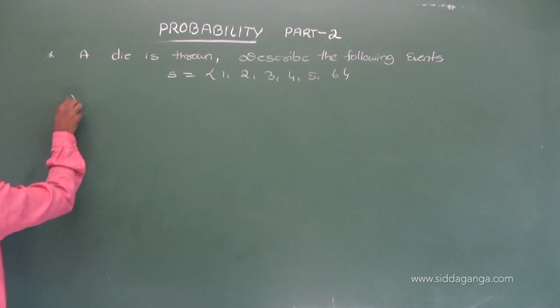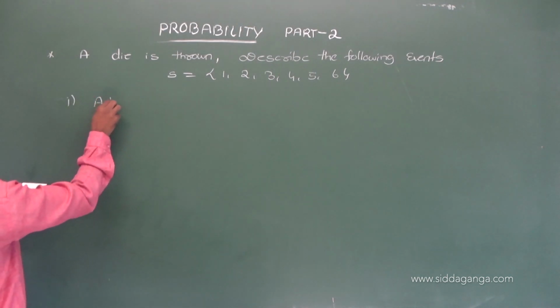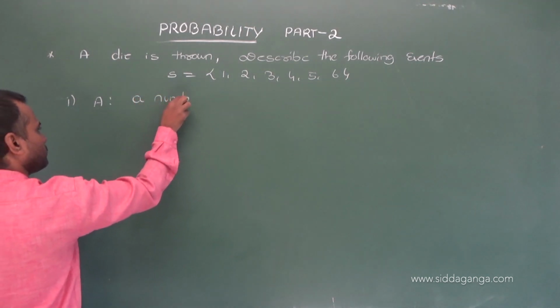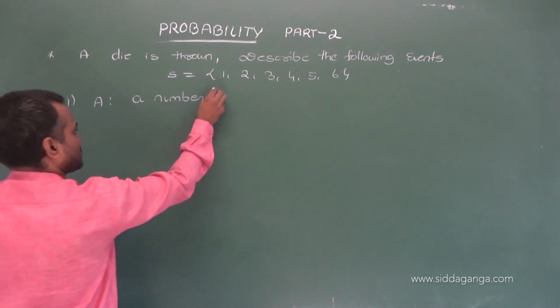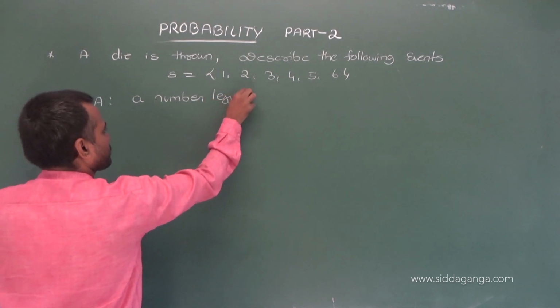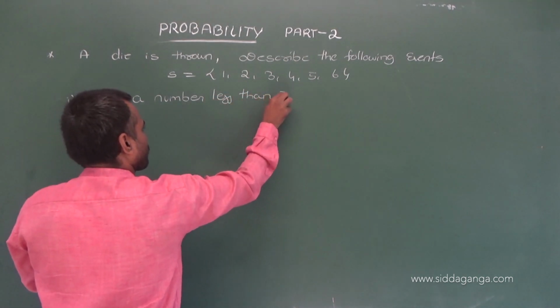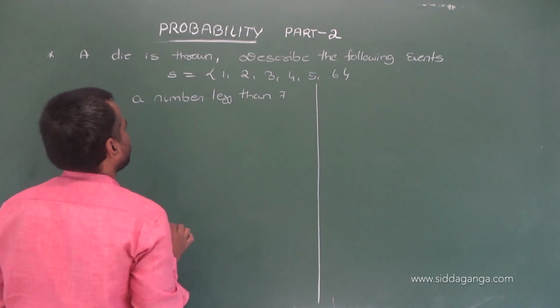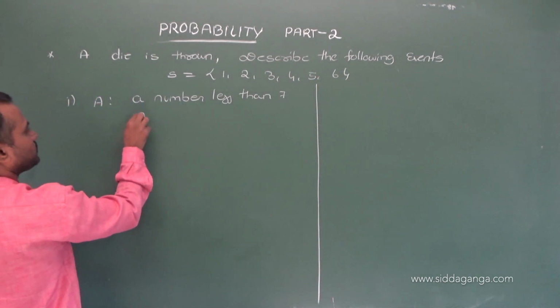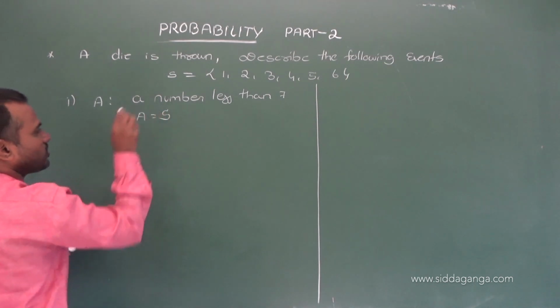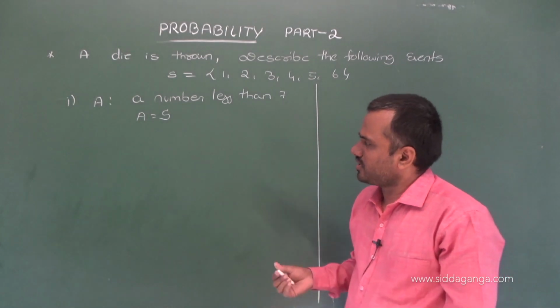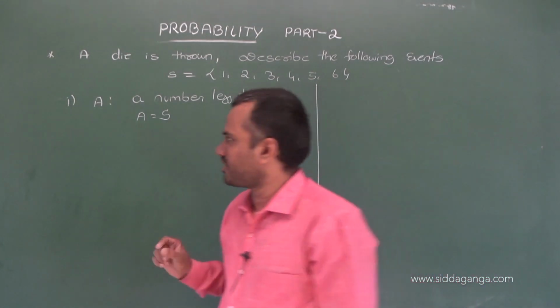The first event: a number less than 7. A is equal to all the elements of the sample space. This event we call a sure event.